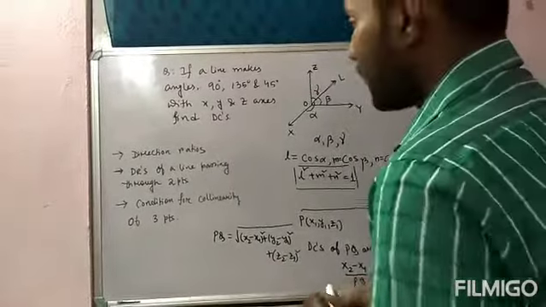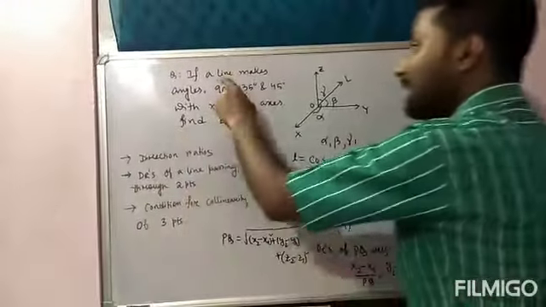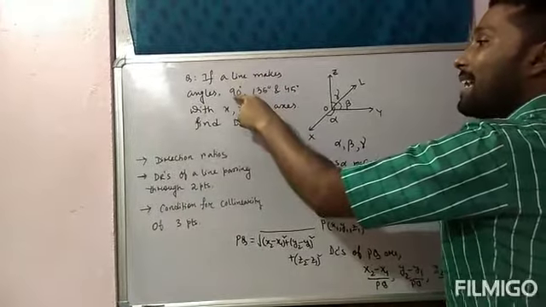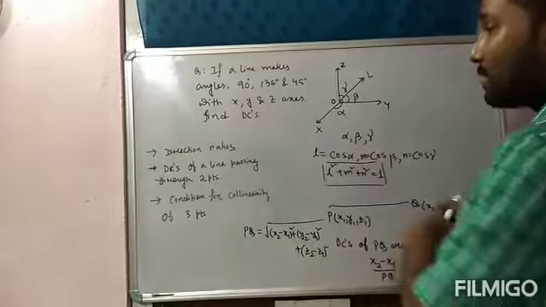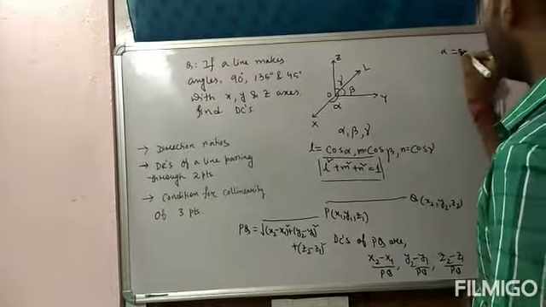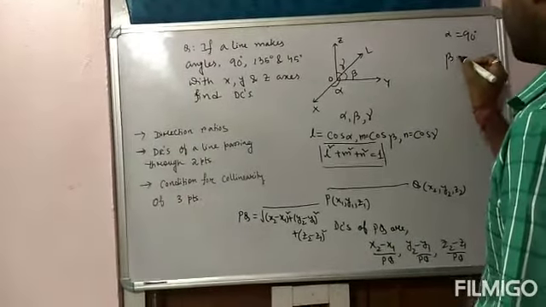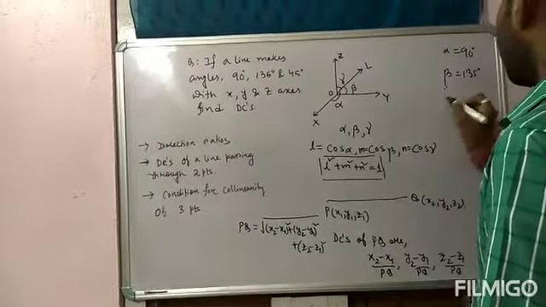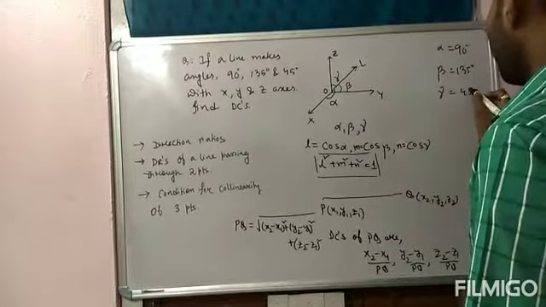How can we find direction cosines? Since the directed line makes an angle of 90 degree with the x axis, alpha is equal to 90 degree, beta is equal to 135 degree, gamma is equal to 45 degree.